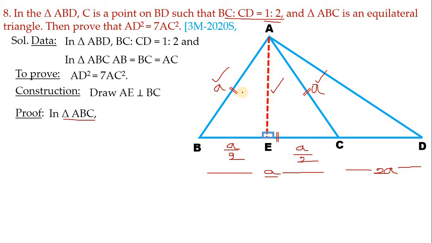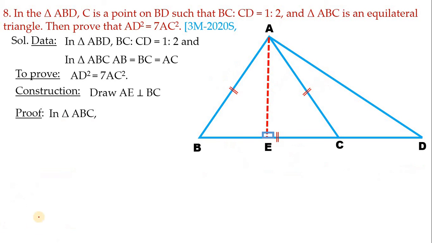I repeat again: in triangle ABC, I have taken all sides equal to A. Hence it has become A by 2 and A by 2 because AE is the median. The median divides the side into two equal parts. And this is A, hence CD has become 2A because the condition is given in the problem.